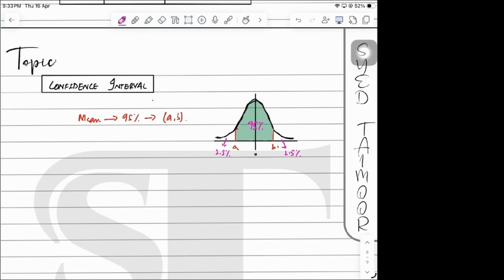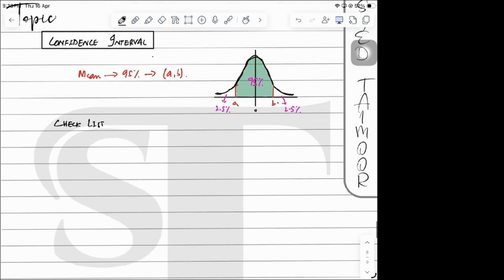Whenever you have a question on the confidence interval, first of all you need to make a checklist of the given information. You always do that. The first thing is the name and type of distribution, which you will extract from the question.